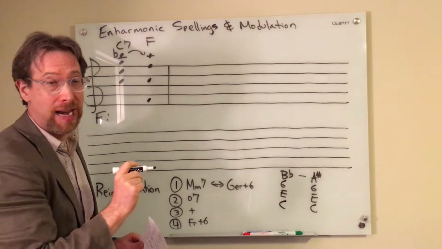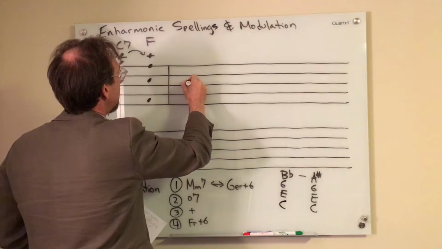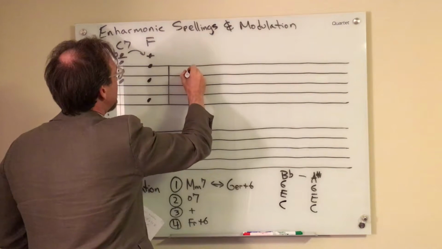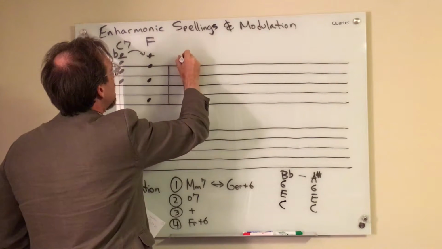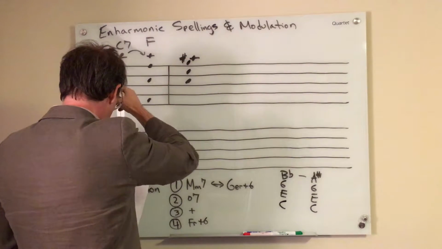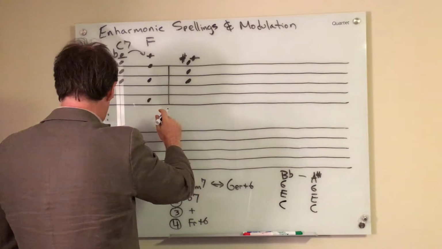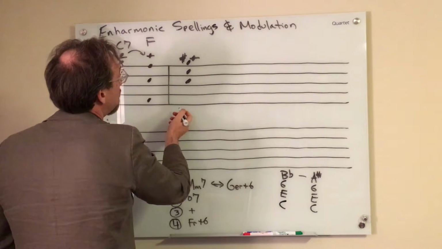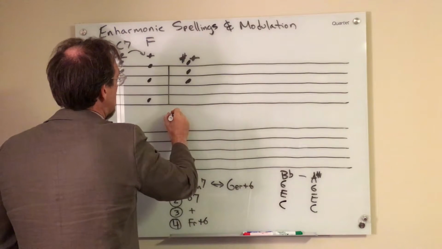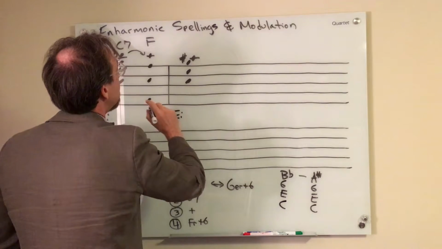Let's compare that now to our enharmonic version, the German augmented 6, which would be C, E, G, A sharp. Now, here, we are not in the key of F major anymore. We are in the key of some kind of E. Let's say E minor, okay?